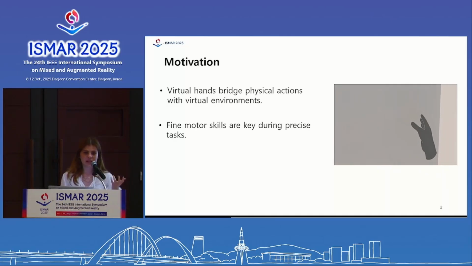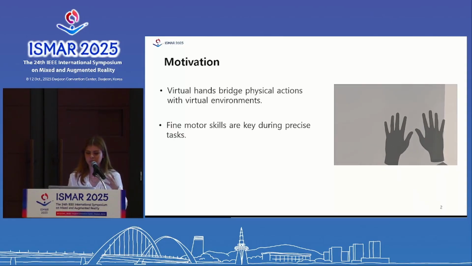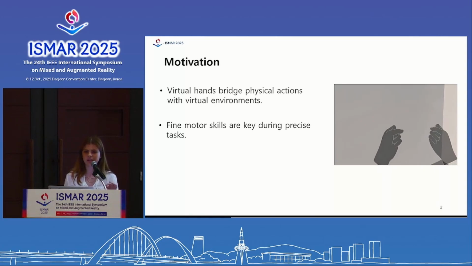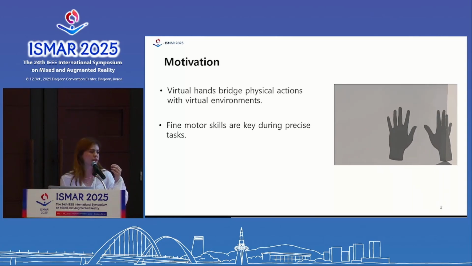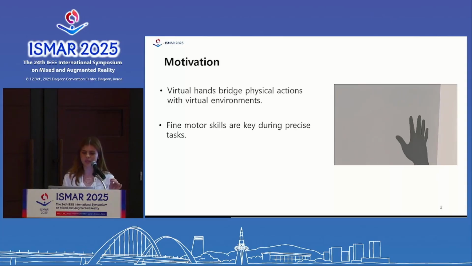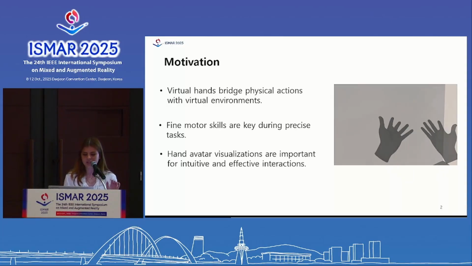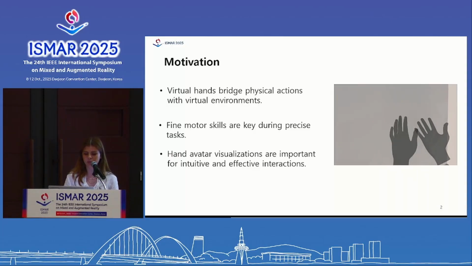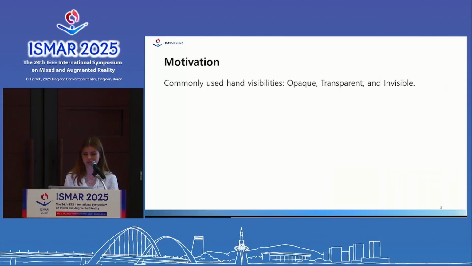However, tasks that require fine motor skills, such as grasping a small object, depend heavily on fine hand movements, which are small finger movements rather than gross motor skills. So for these tasks, designing effective hand avatar visualizations is important for intuitive interactions.